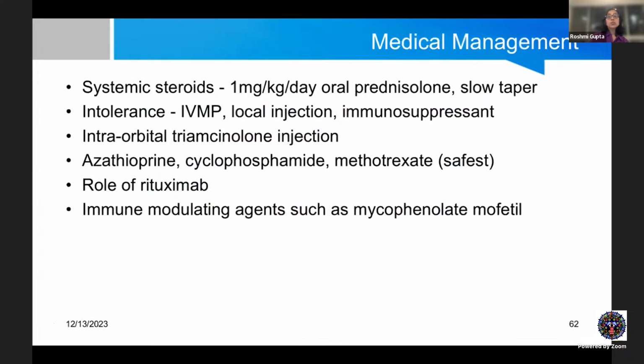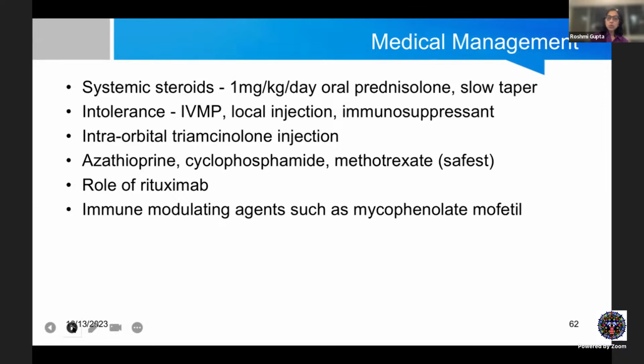Now we come down to the medical management of the patient. Usually, I would want to give a full dose steroid. There's no point giving a low dose steroid right at the beginning. If it doesn't respond, you're not sure whether it is because you've given too low a dose or because it's something else and it's non-responsive to steroids.